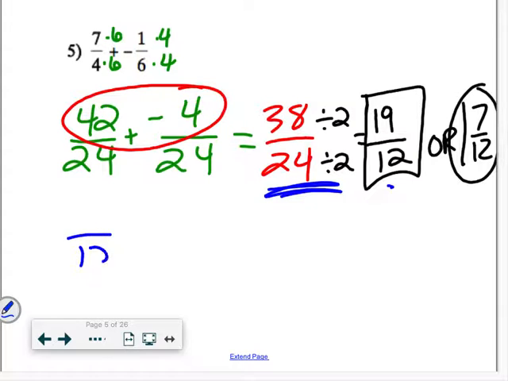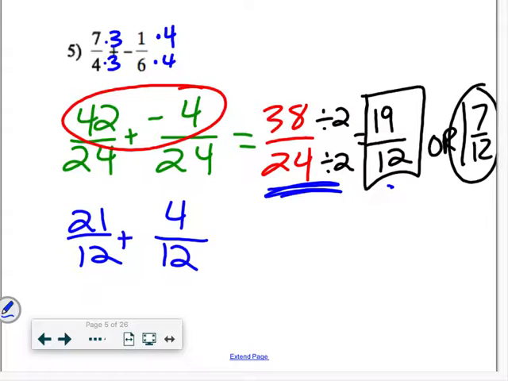So if I do 12 here, erase this up here, I would have to times the 4 by 3 in this case, and the 7 by 3. And then the 6 by 4, and the 1 by 4. Add or subtract across the top. Again, we have different signs, so we're going to subtract.